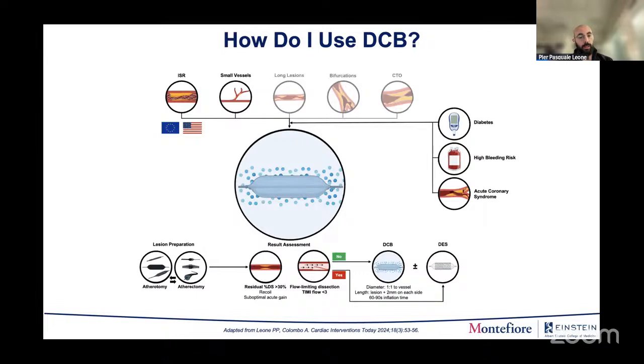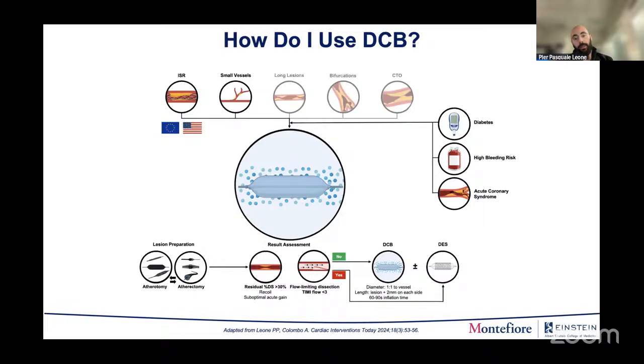Oftentimes we're going to see dissections, and oftentimes these dissections might look scary. Dr. Latib, please confirm, but I think it's really a return to the balloon angioplasty era if we want to use DCBs again, especially in de novo lesions.